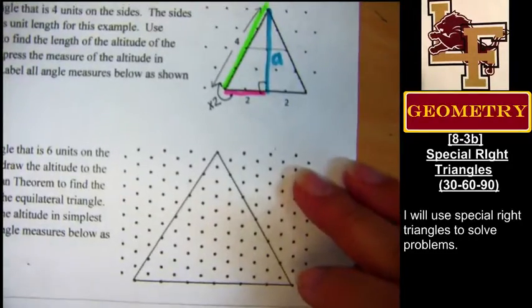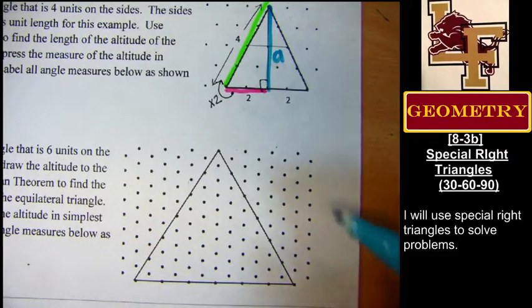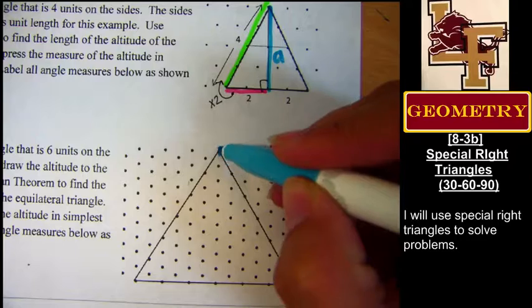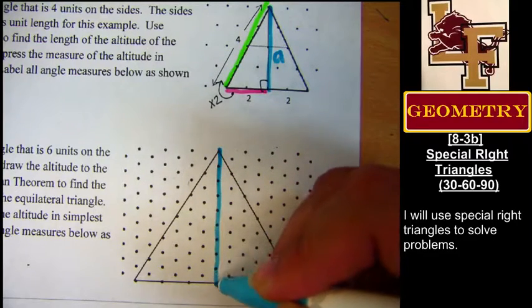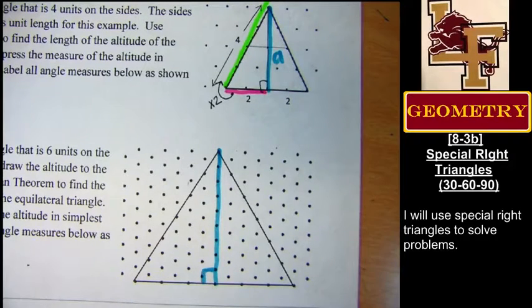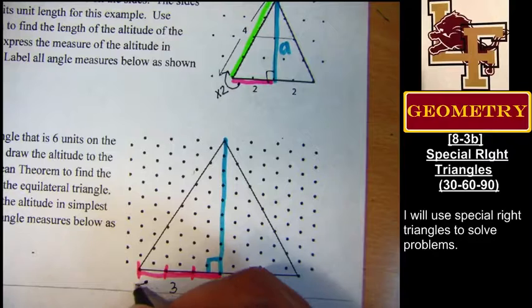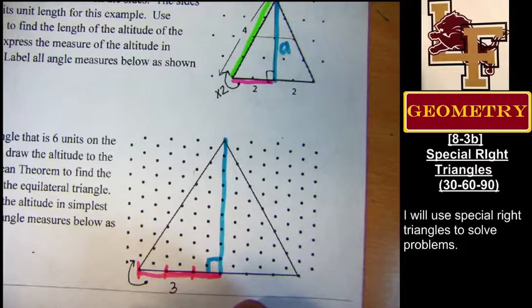Come down here, the bottom triangle. It's equilateral, I promise. Let's cut it at the altitude, go from the corner straight down along the dots, forms a 90. How long is this side? Start from here and count. 1, 2, 3. If I want to go from this short side to the hypotenuse, what does it look like I have to do?